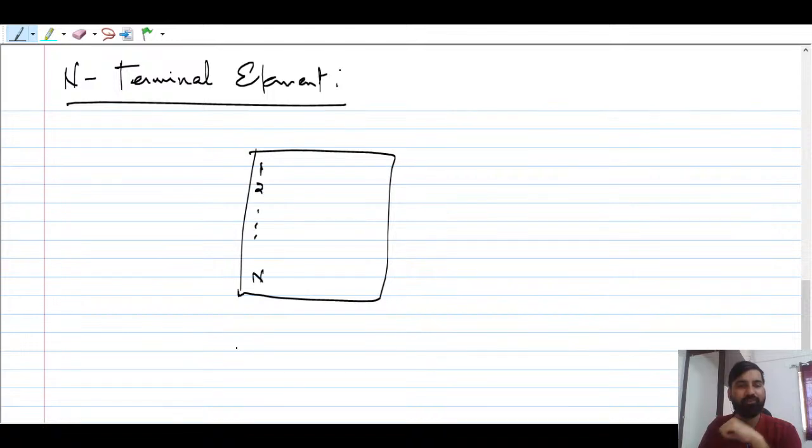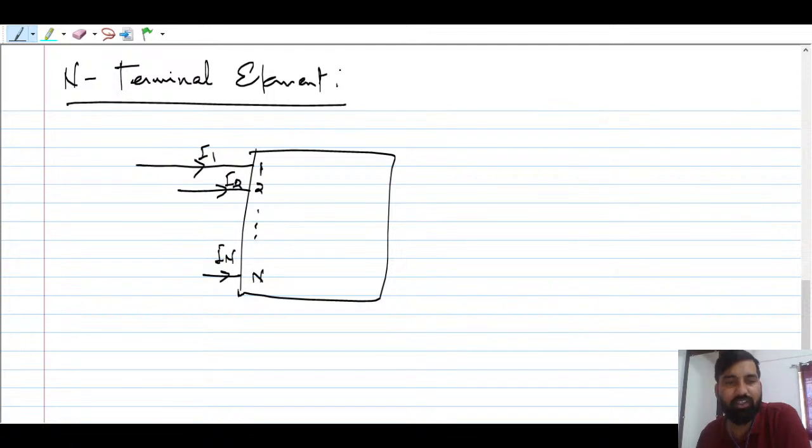Suppose in one terminal the current flowing is I1, in the second terminal the current flowing is I2, and in the last terminal the current flowing is IN. All the currents are entering this black box.